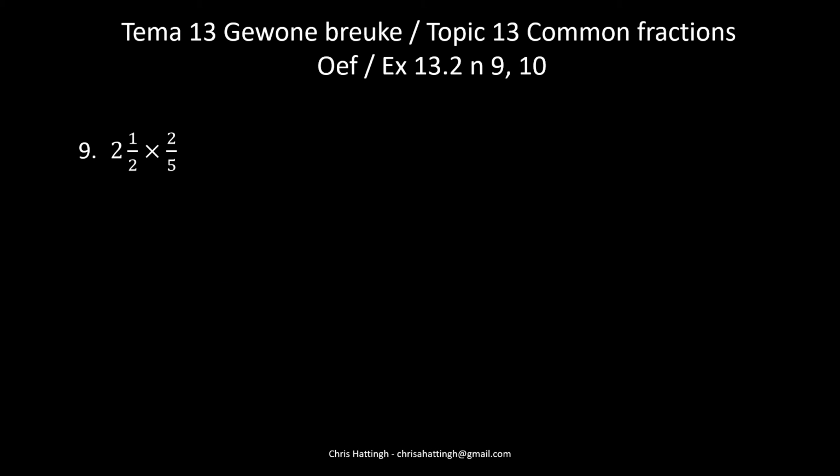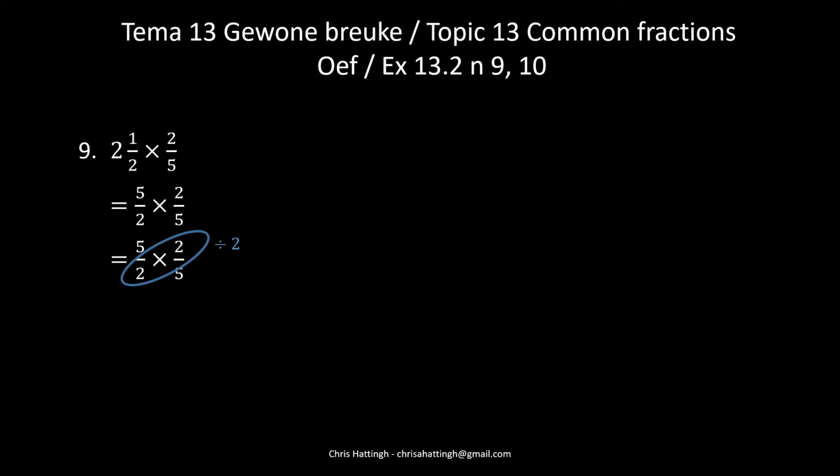Now we're going to look at mixed numbers. First thing you need to do is make it an improper fraction. So 2.5 is 5 over 2. So your next step will be 5 over 2 times 2 over 5. You can see that you can simplify by dividing by 2.